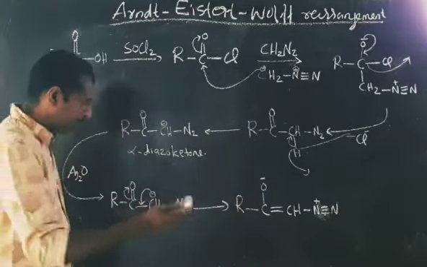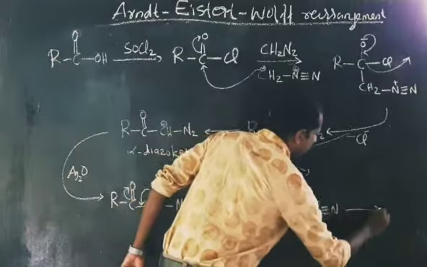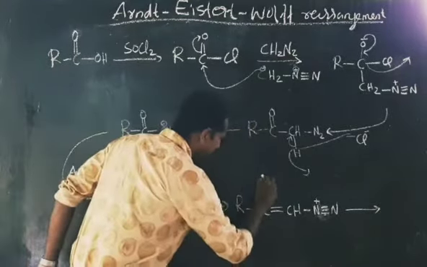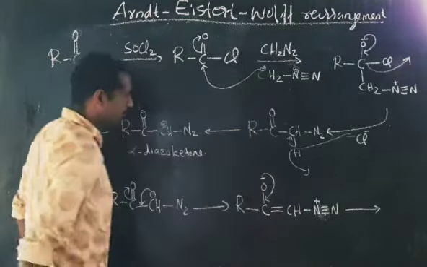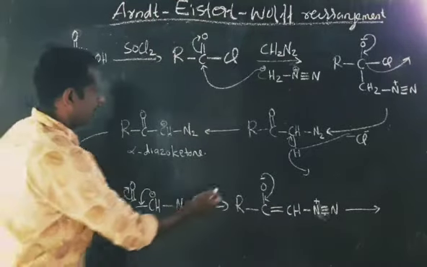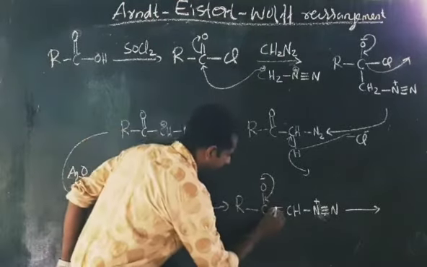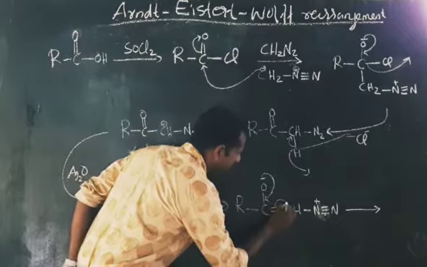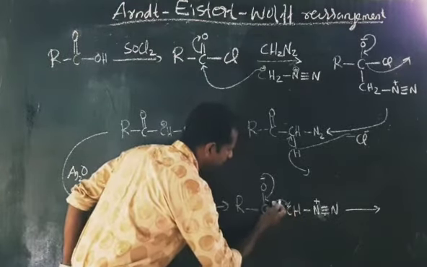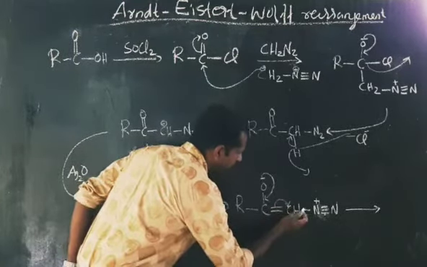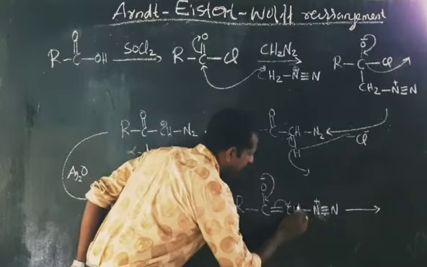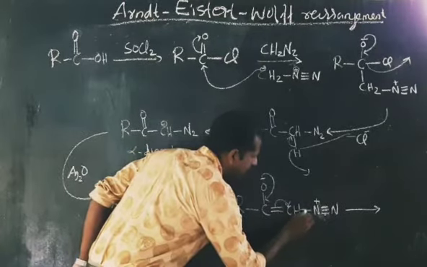Now in the next stage, when it comes back, it is again the reverse. This bond is migrating to this one, this pair of electron is shifting here, and simultaneously what is happening?